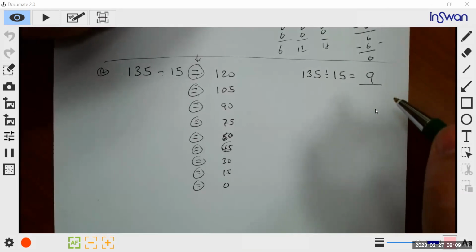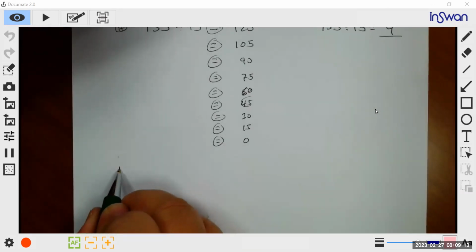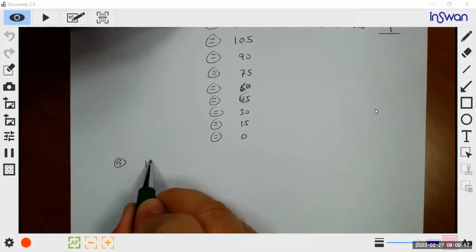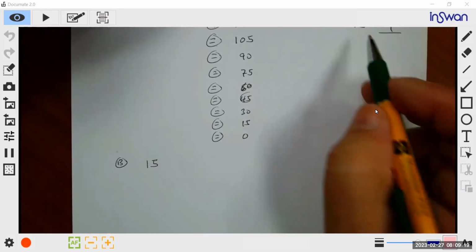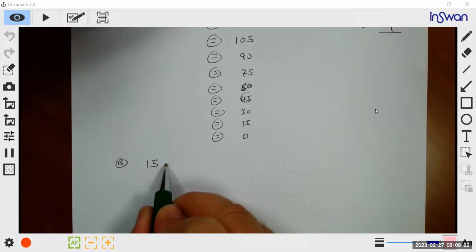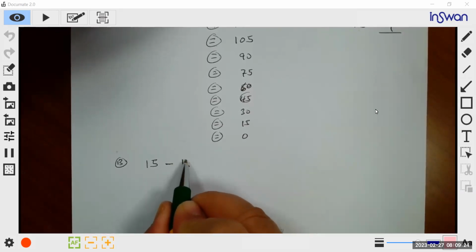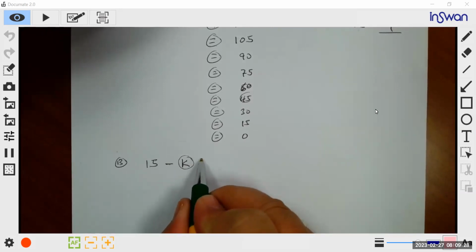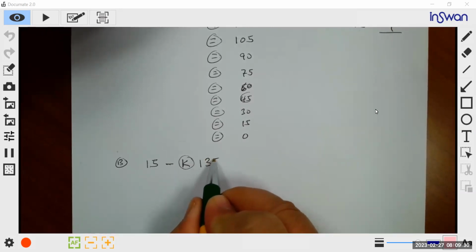All right, so that's one way. Another way you could do it, using the commands on the calculator, is to type the number you're seeing how many times is in, 15, and press the K button this time. So 15, minus, the K button, and type in 135.